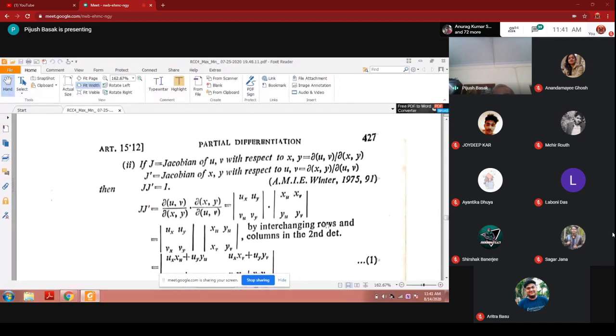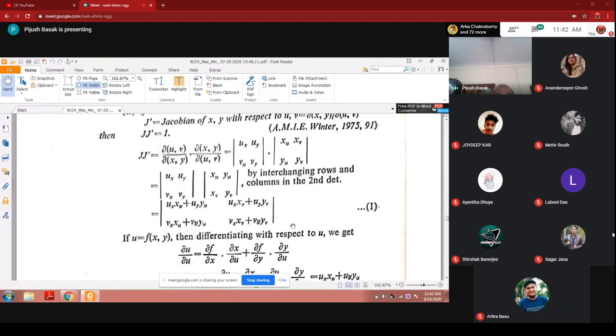Now interchanging rows and columns in the second determinant, we get XU, YU in the first row and XV, YV in the second, and now multiply as per the determinant method. So you get this.